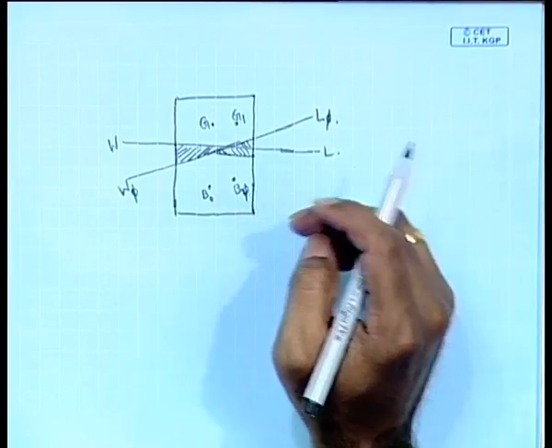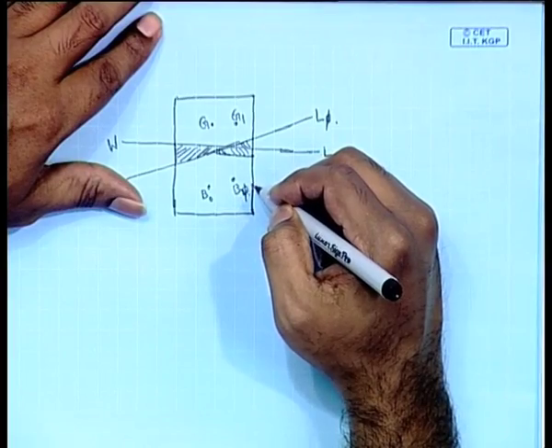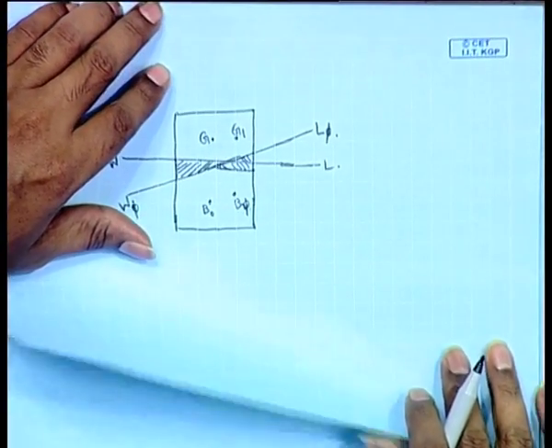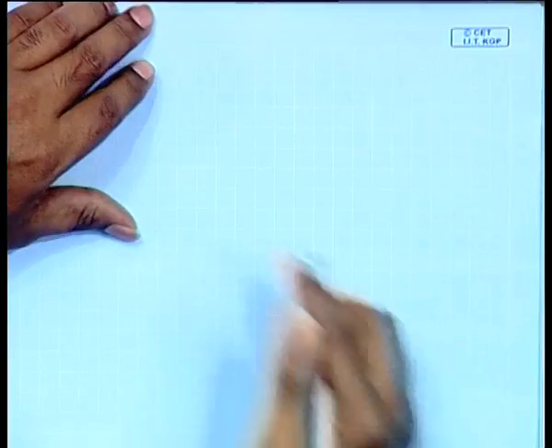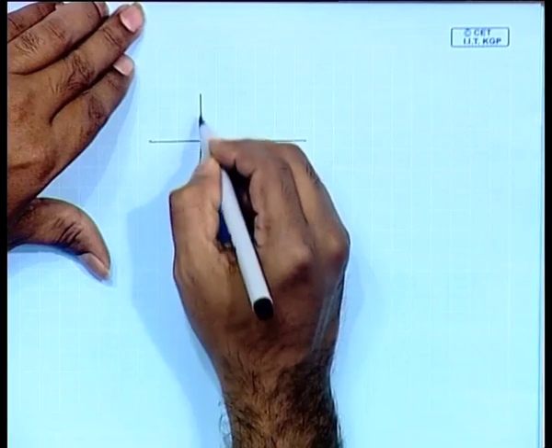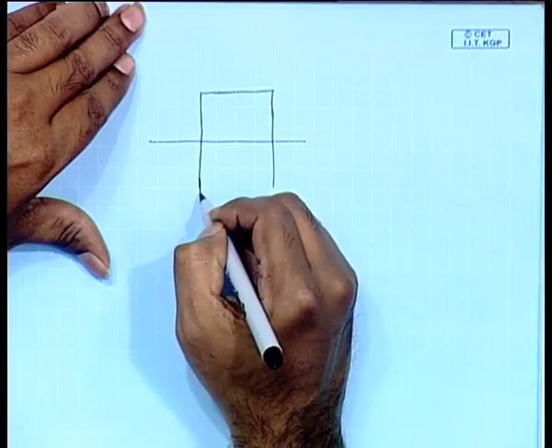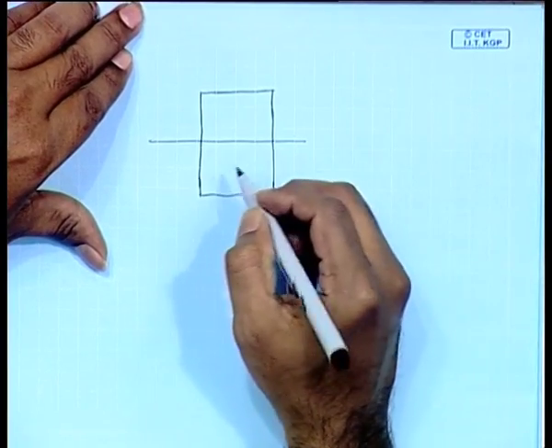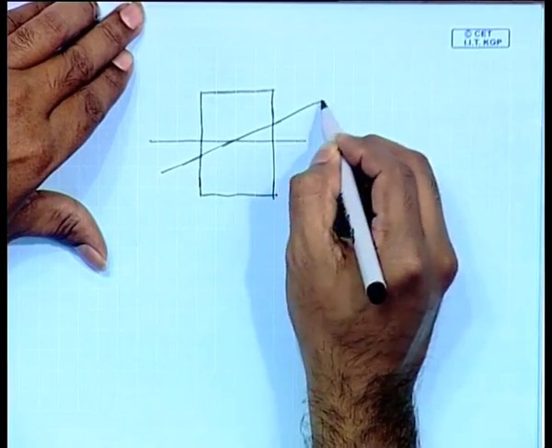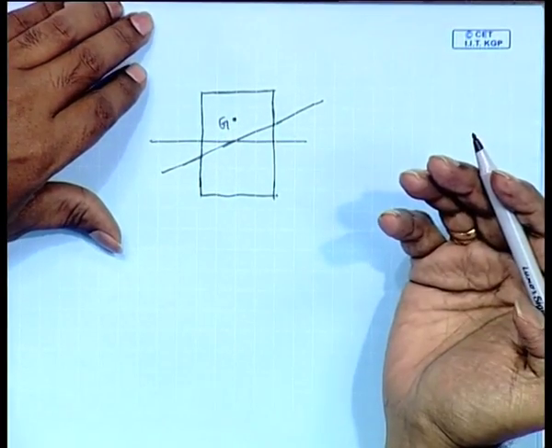Then, suppose the body inclines with no change in G as such, but the body has inclined due to some other factor.